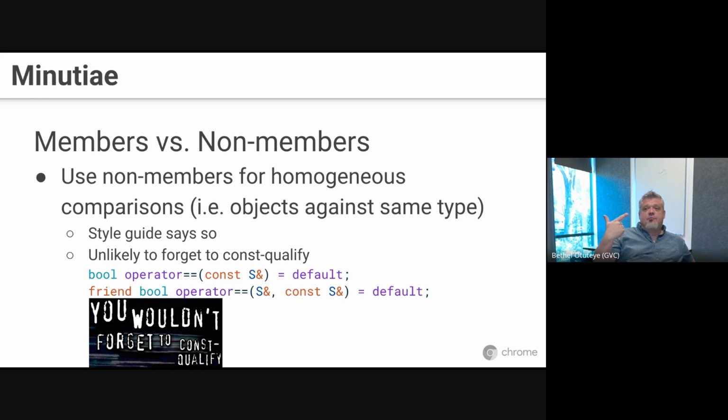The thing is, that second prototype stands out to me a lot more when I read it as like, wait, why did you pass sref and const sref? Why do they not match each other? Whereas the first one is easy to just fly under the radar. So if you write things as non-members, it's a lot harder to forget to const qualify because they just look weirder.